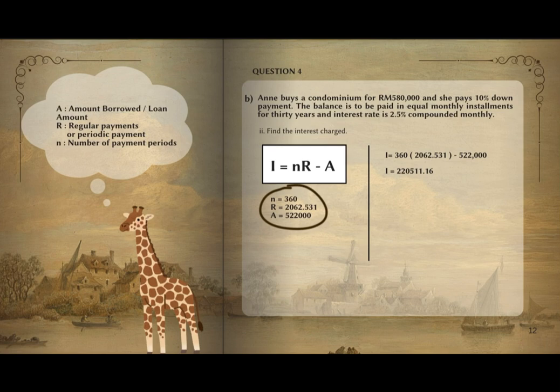R is 2062.531, the loan period is 30 years so N is 360, and the amount borrowed is 522,000. After substituting into the formula, I equals 360 multiplied by 2062.531 minus 522,000. So, I equals 220,511.16.